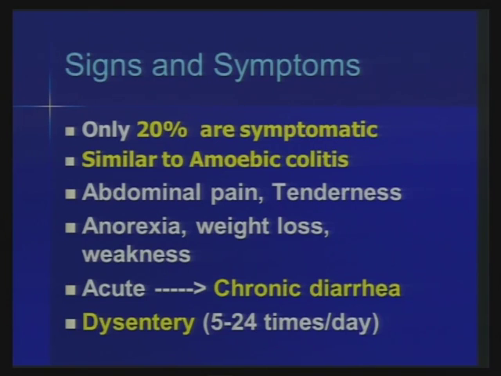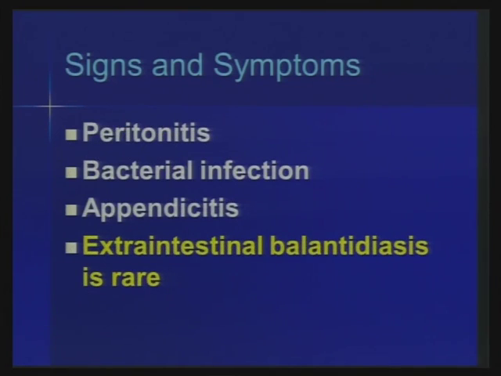So this is a very similar picture, the same as Entamoeba histolytica, amoebic colitis. And the complications that occur are peritonitis, not very common at all, bacterial infection, appendicitis. It's very rare for extraintestinal balantidiasis because of the size.